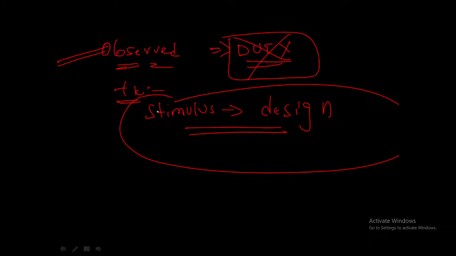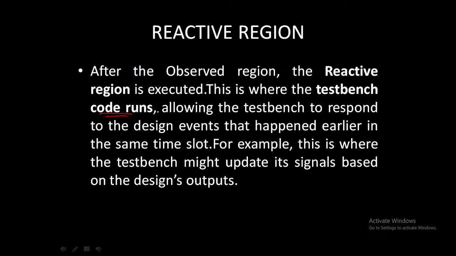Here only the TB will work and the DUT will not work. After the observed region, the reactive region is executed. This is where the test bench code runs, allowing the test bench to respond to the design events that happened earlier in the same time slot. For example, the test bench might update its signals based on the design outputs.